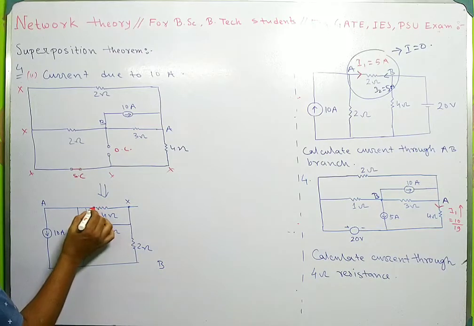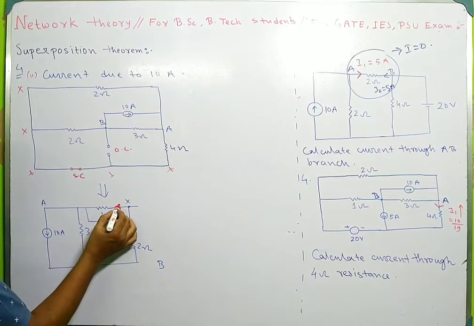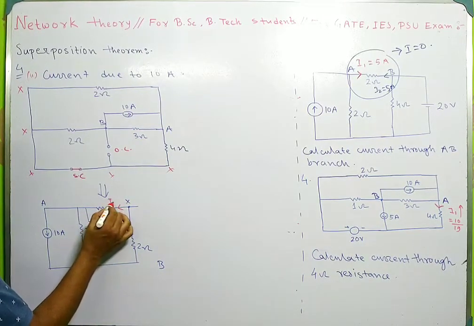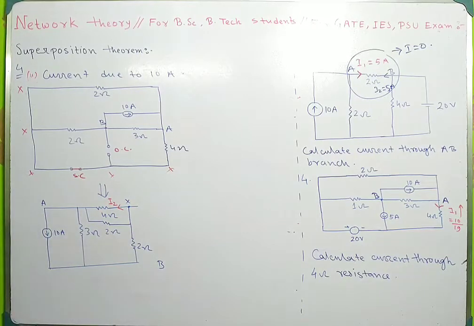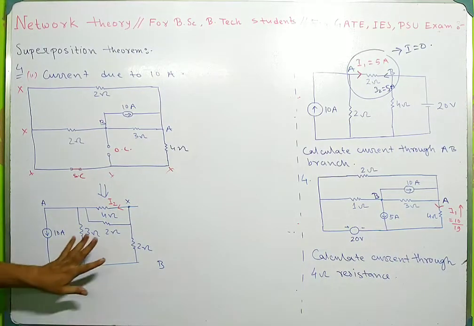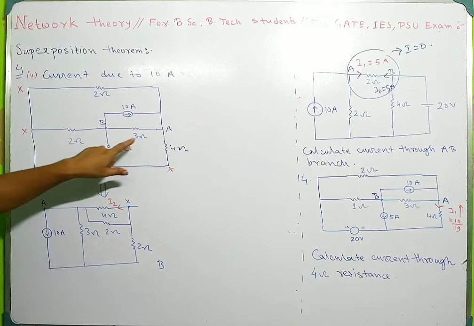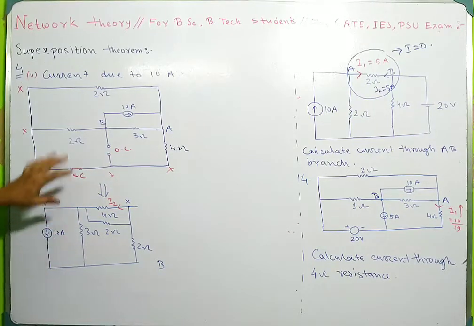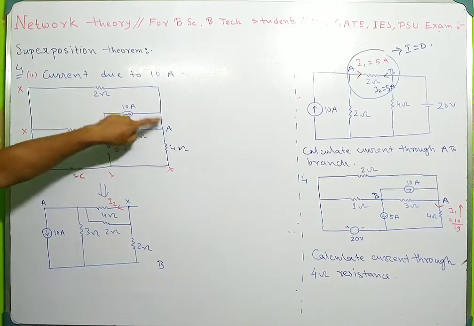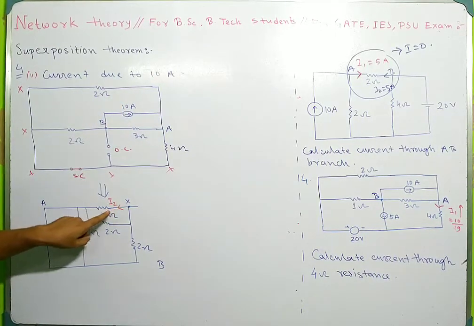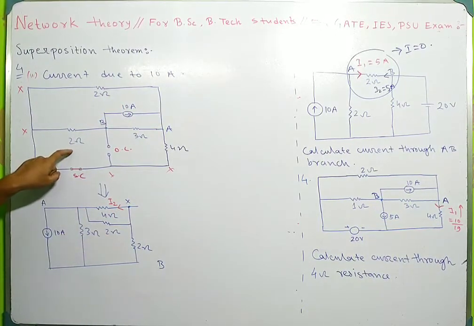Suppose this is I2. This is 3 ohm, this is 10 ampere, and this is 2 ohm from A to X, and another 2 ohm from B to X.